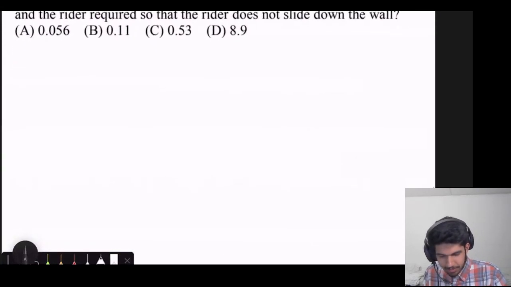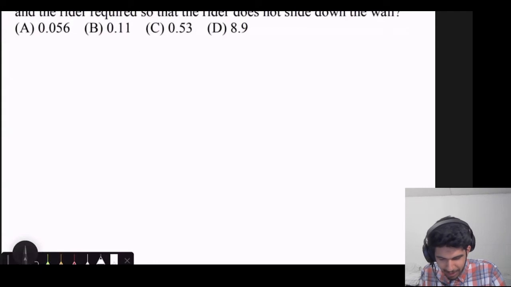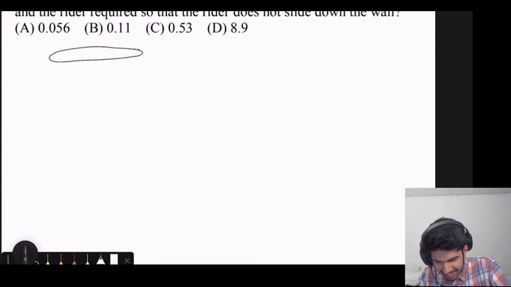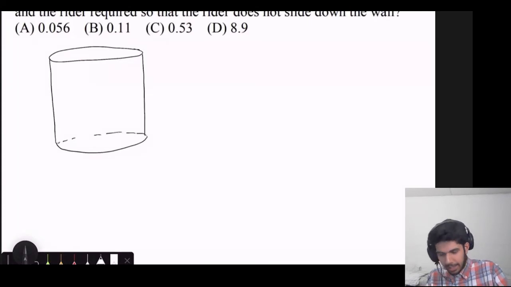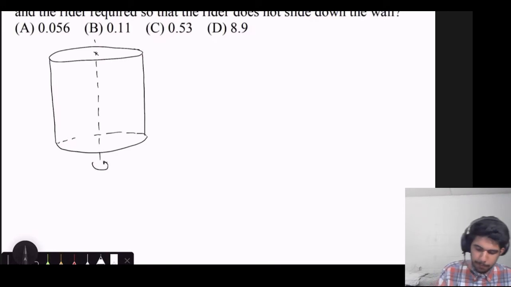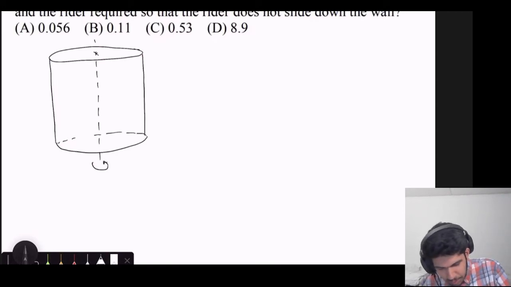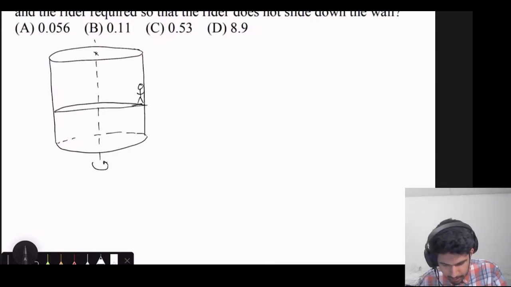Okay, so you might be like, what in the world is going on? And that's a fine question to ask. So, with my wonderful artistic skills, I'll sort of draw what's going on. So what they mean by circular room is basically a cylinder. And there's some axis here, and it's spinning around this axis. So I'll just draw a little arrow like that, showing that it's spinning. And what happens is we have a person, and originally there's this like surface here which they're standing on.